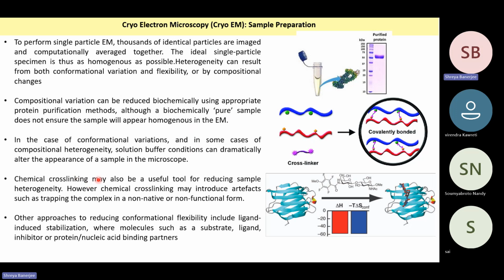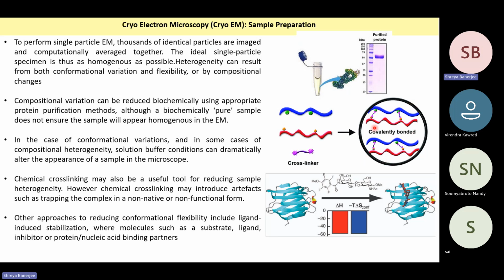Another technique is chemical cross-linking. So suppose you have two different kind of particles, this red particle and this blue particle. So if you link them by a cross-linker, then your particles will become homogeneous because instead of having two different kinds of particles, you now have a single kind of particle which is made up of one red strand and one blue strand.